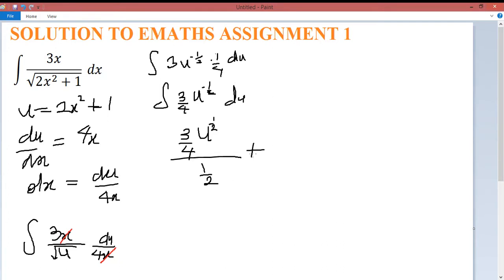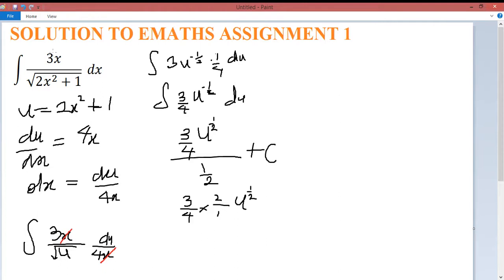Then we add the arbitrary constant of integration, and 3 over 4. Reciprocate this and multiply u to the power half.